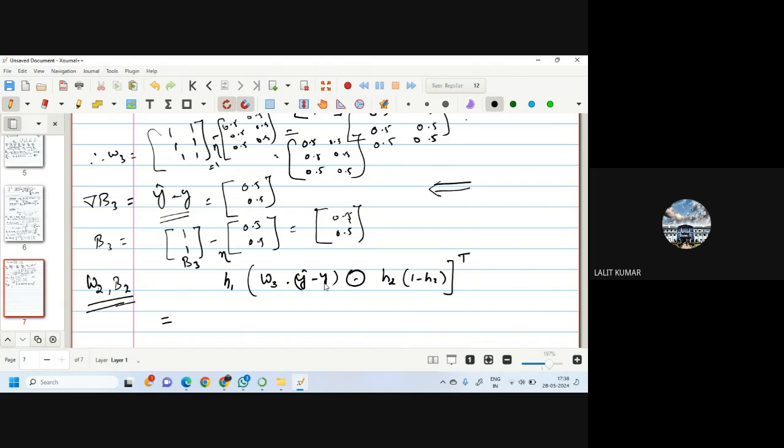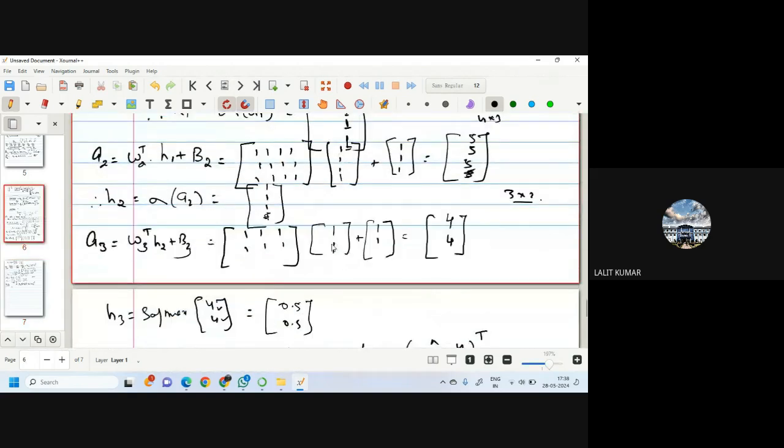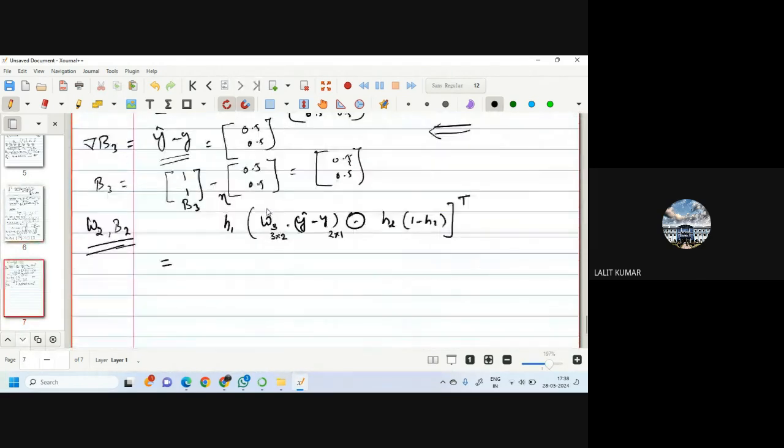W3 is of size 3 into 2, this is 2 into 1, so here we will get 3 into 1. H1 we had calculated, I think it was all ones, and the size of H1 was 4.